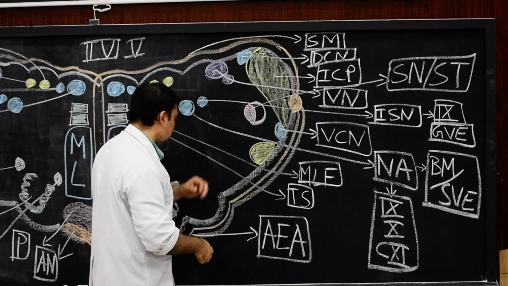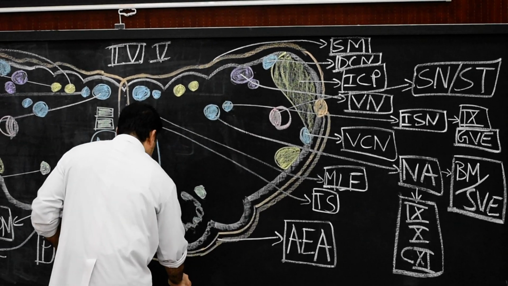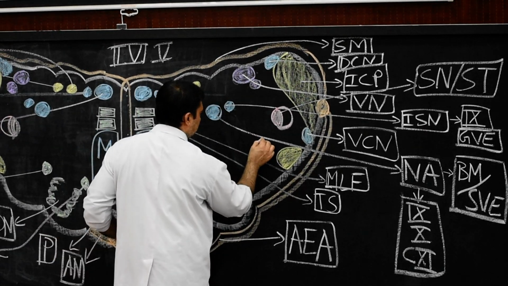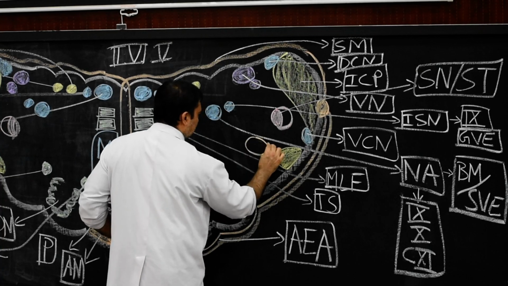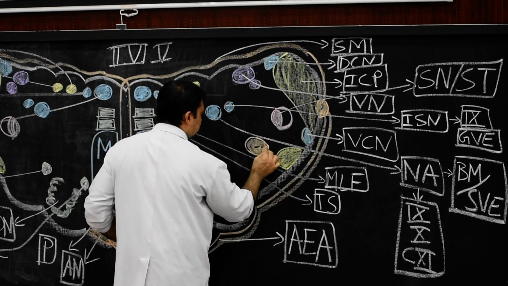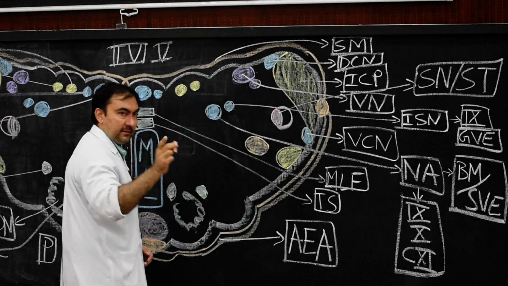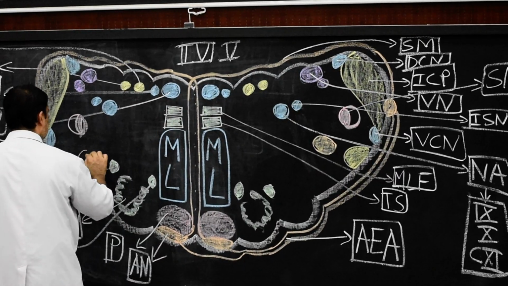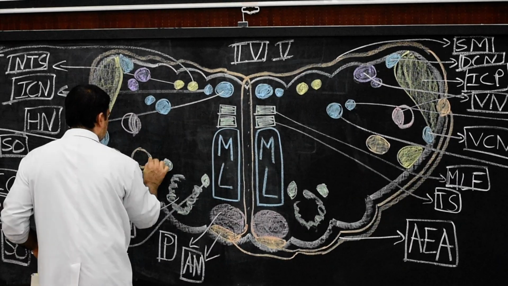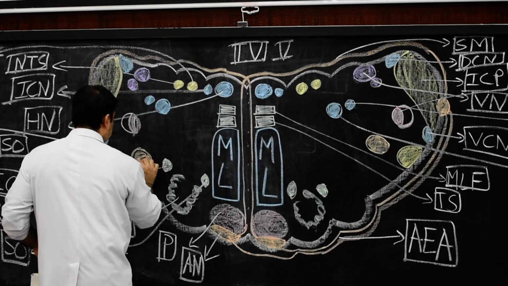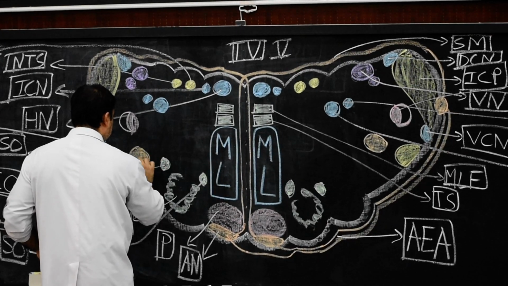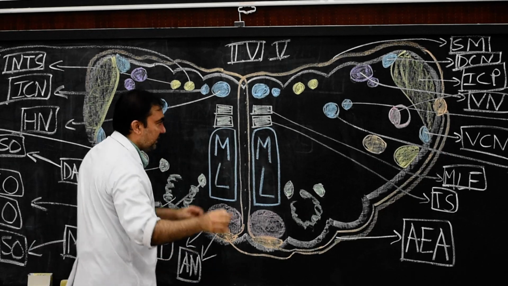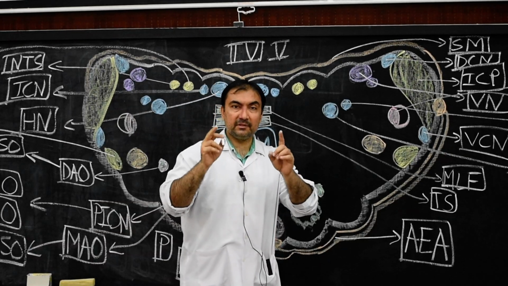And the third structure located here, I am going to draw, and this will be known as the spinal lemniscus. So which tract will this spinal lemniscus contain? It will contain only the lateral spinothalamic tract.